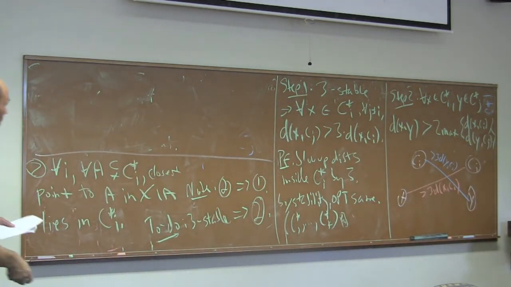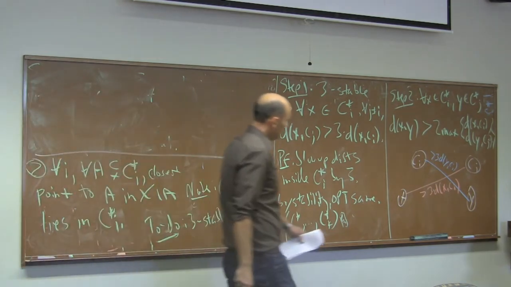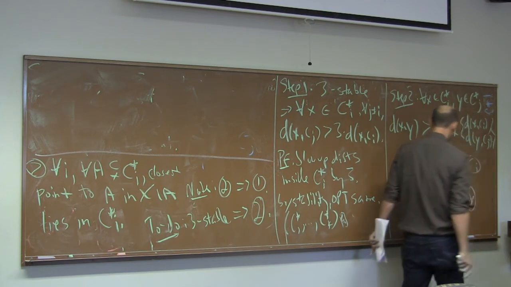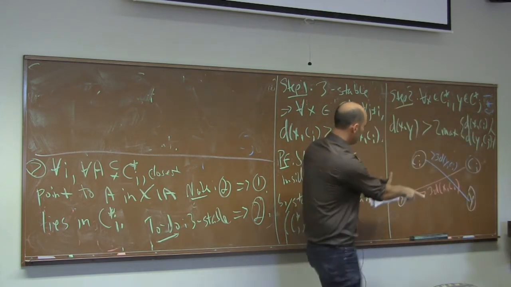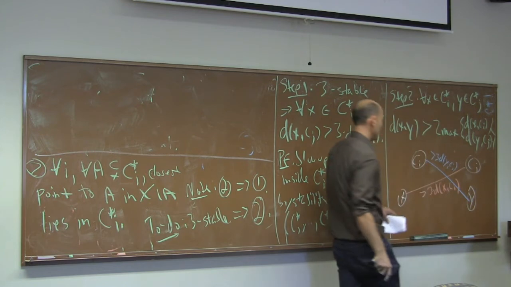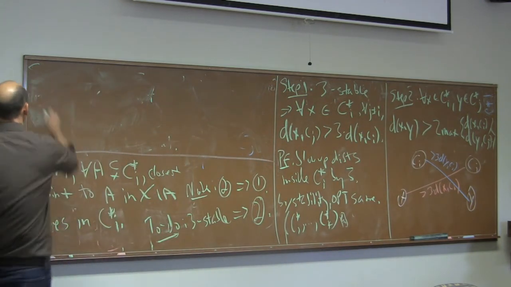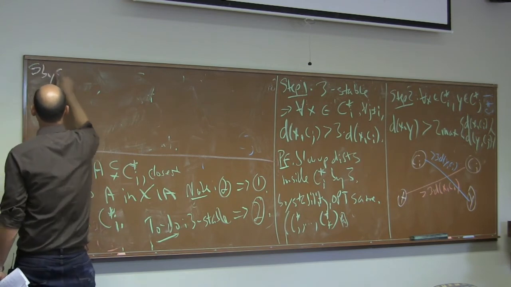Now we also have the triangle inequality, which says that if the straight path between Ci and y is big, then so is any two-hop path that starts at Ci and ends at y. Similarly for x and Cj. So what does that buy us?